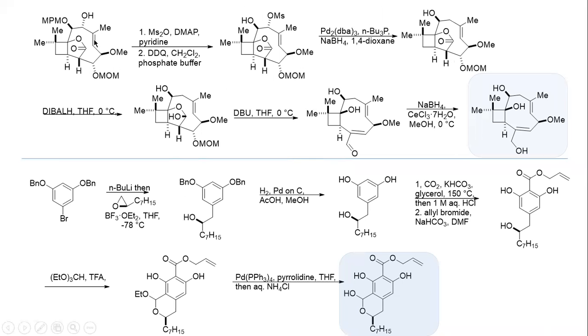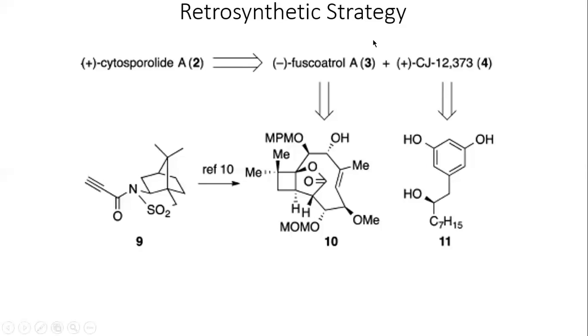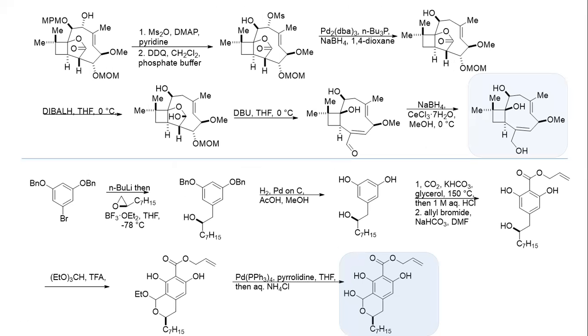So this is how they got from here, which they started with this, right? So they started with A, and reacted that. We can just go through this to see how they got to here, right?